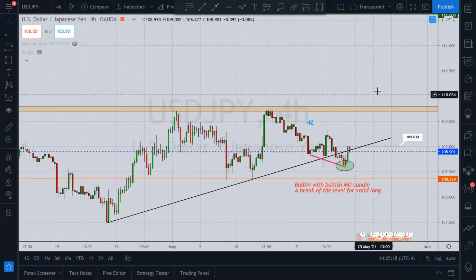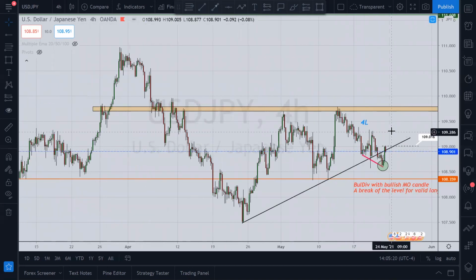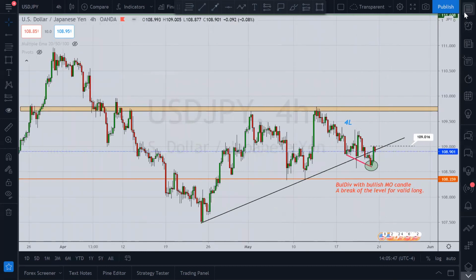You can take your TPs, your targets, TP1 here, and once it breaks the highs here, you could look to bring your stop loss to break even, take profits here, and look towards your next TP, which will be up here. I'm not going to be walking you through all these trade management things.